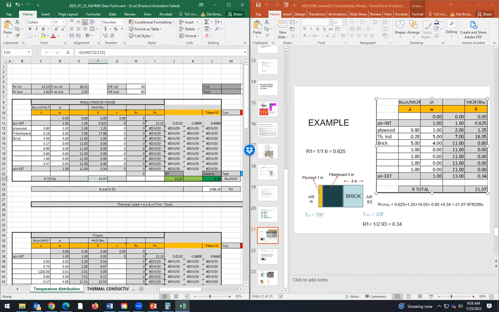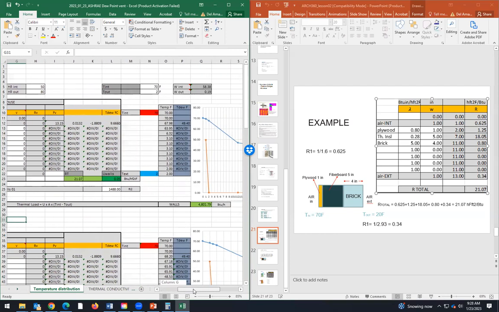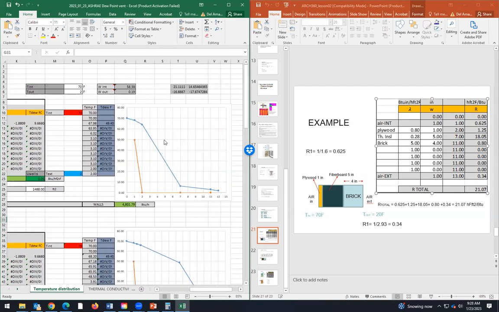And the R value is the same. It's 21.07. So that's quite easy. But if we look at the graphic here, we can see the temperature distribution of the wall.